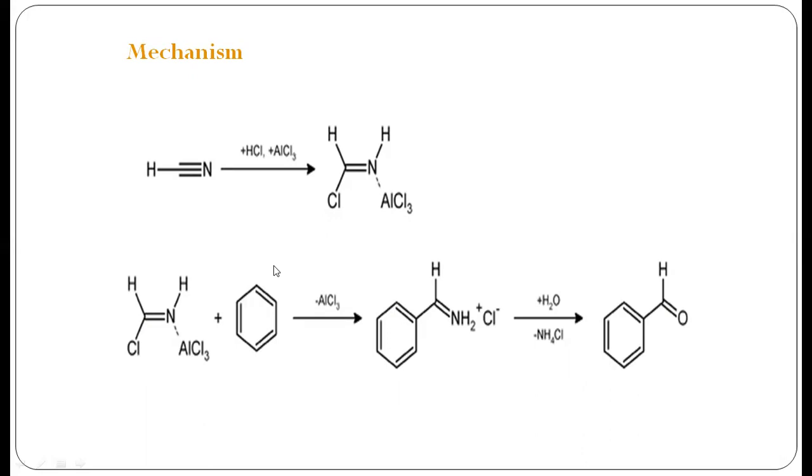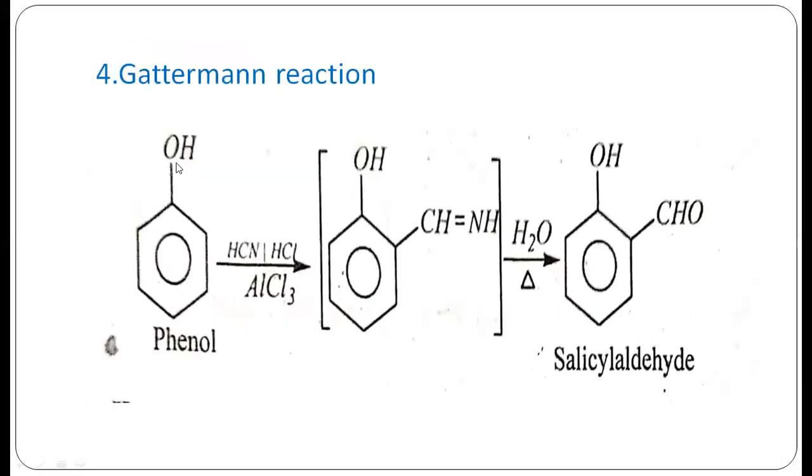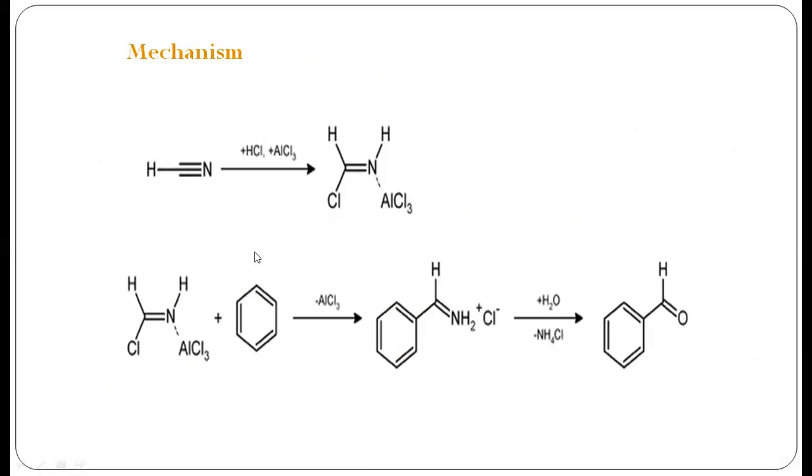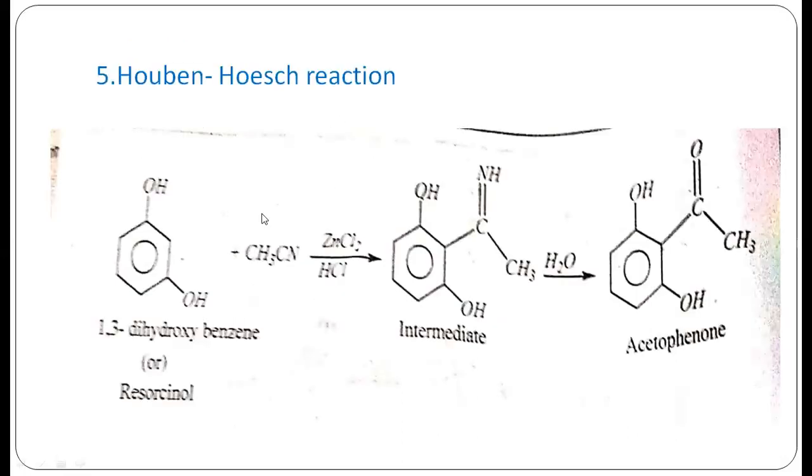In the Gattermann reaction, the reactant is benzene, or any electron donating group like OH substituted on the benzene ring, and the other reactant is hydrogen cyanide. Whereas in the Houben-Hoesch reaction, the other reactant is methyl cyanide. This is the difference between the Gattermann reaction and the Houben-Hoesch reaction.